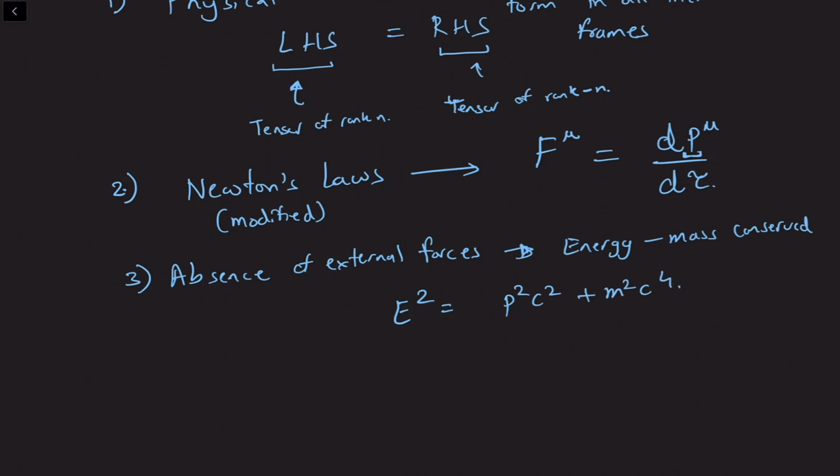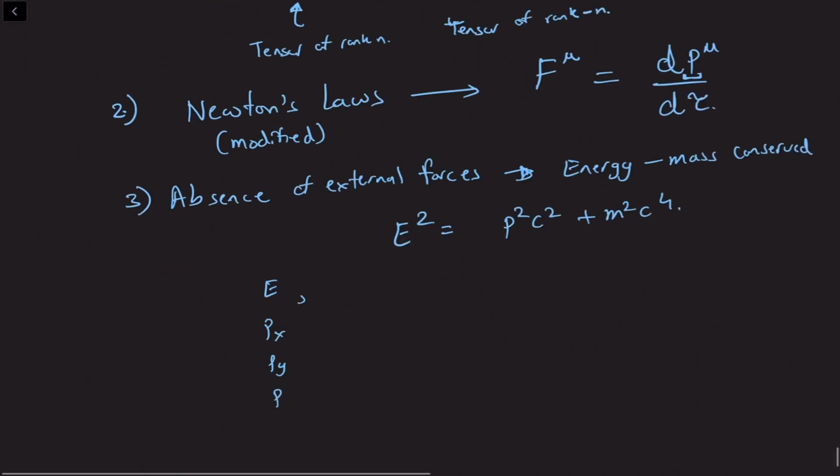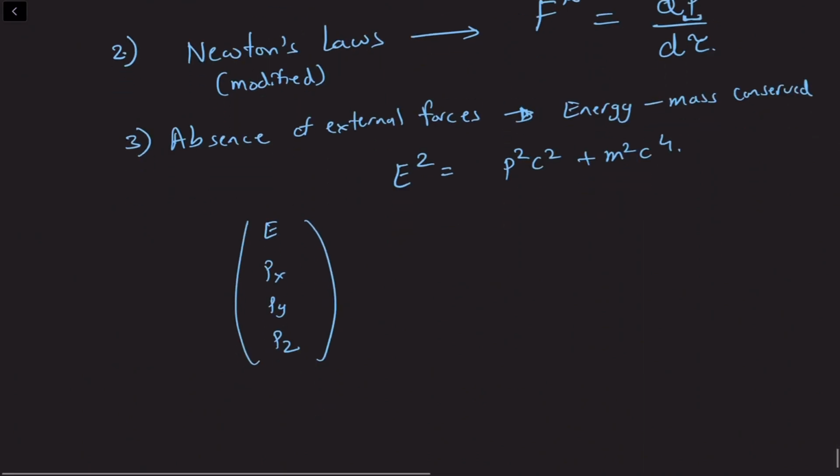Okay, and it's this combination of total energy, px, py, and pz, that is conserved in the absence of any external forces to a system. Okay, so you get the idea of what is called four-momentum conservation.